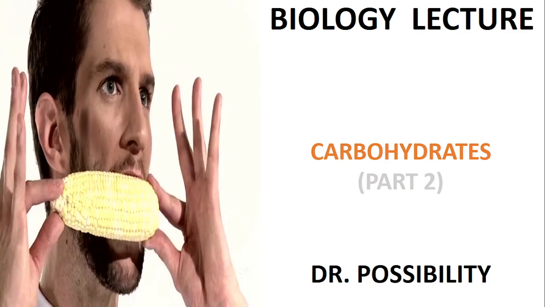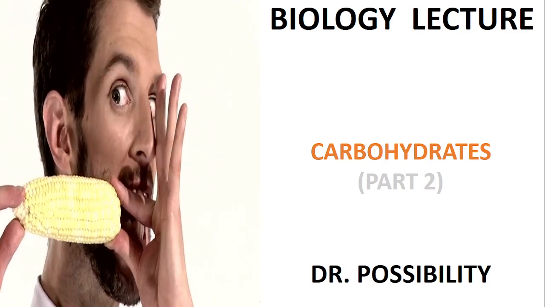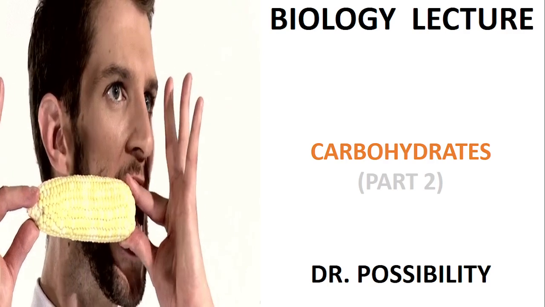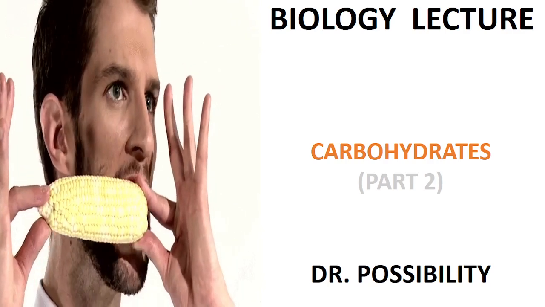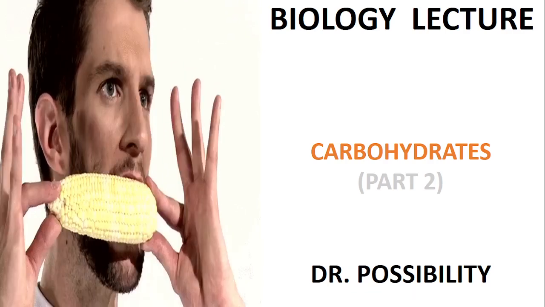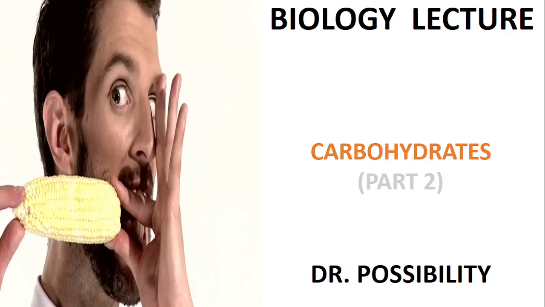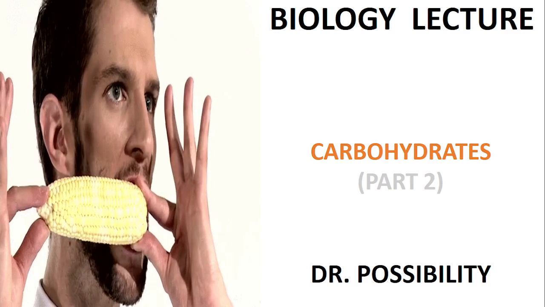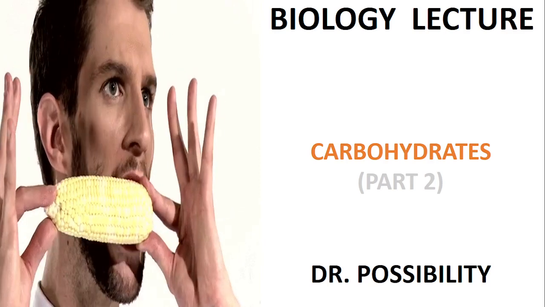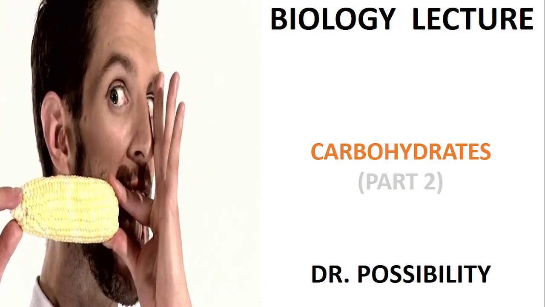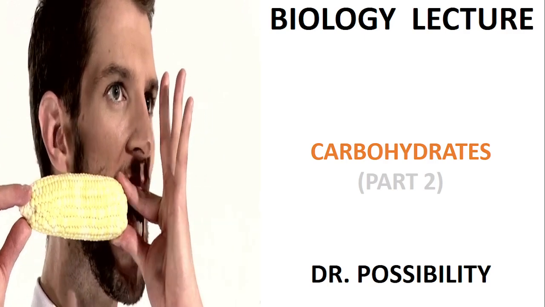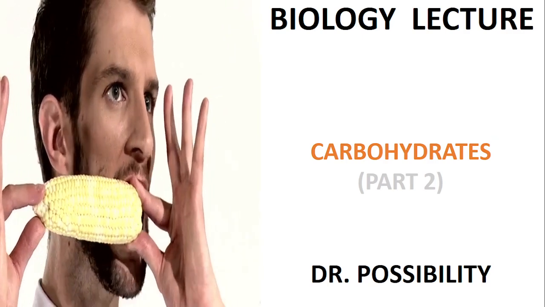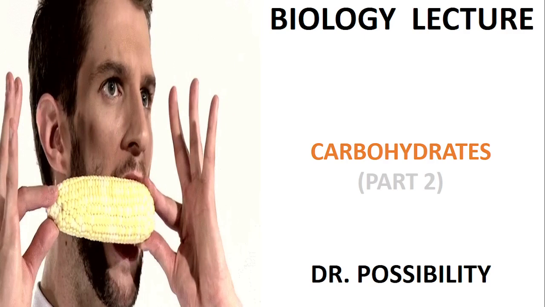But basically, when you talk of classification of carbohydrates, we normally classify them into four basic groups. For those who attended the first class, can someone please mention all four groups of carbohydrates?